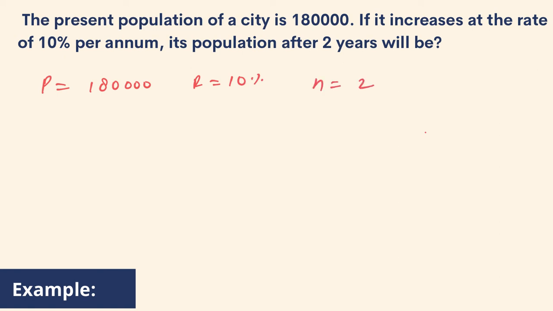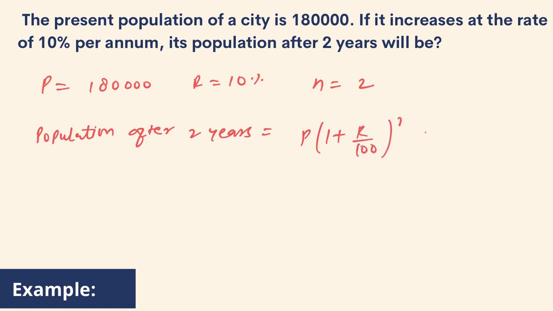So the population after 2 years equals P into 1 plus R divided by 100, power 2. So I can put the values: 1,80,000 into 1 plus 10 divided by 100, power 2.